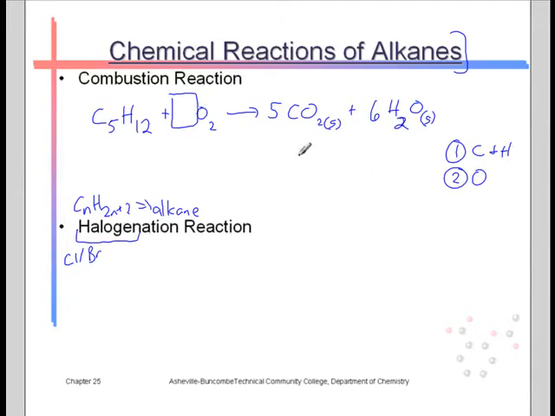To count up the oxygens, I have 2 times 5, so 10 oxygens from that guy, and then I have 6 oxygens from the water molecule. So there's 16 total on this side. Notice that there's a 2 for the oxygen. What times 2 equals 16? Well, that's simply 8. And so now I have a balanced combustion reaction in place.